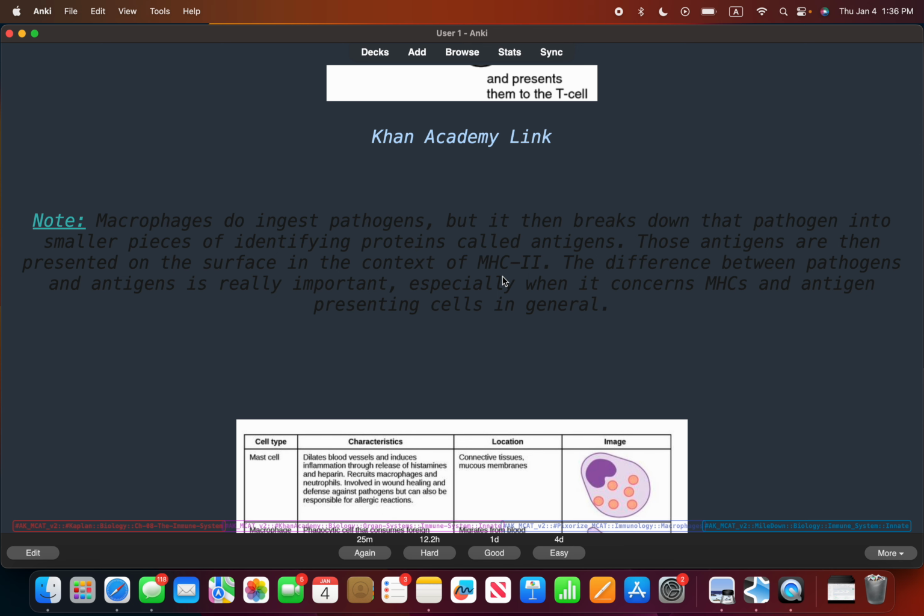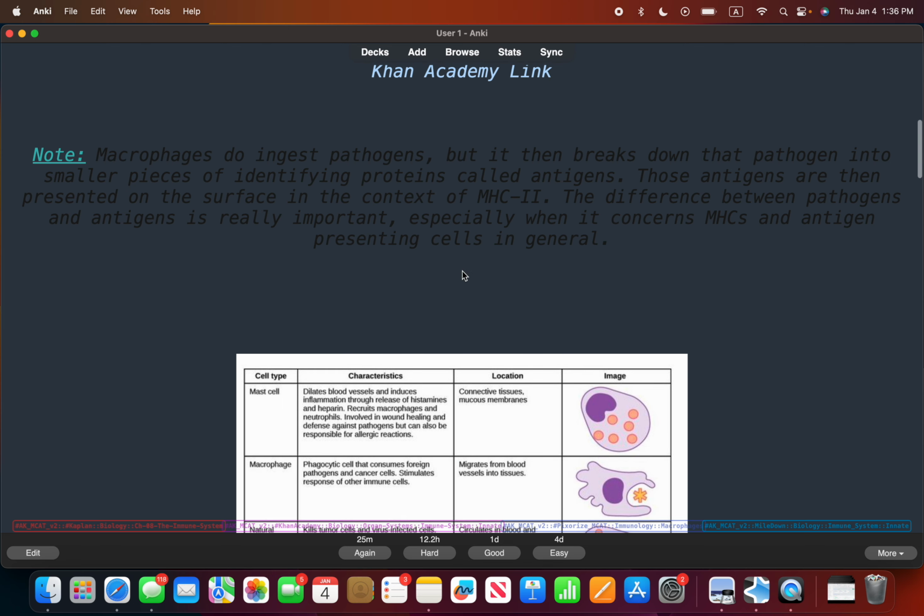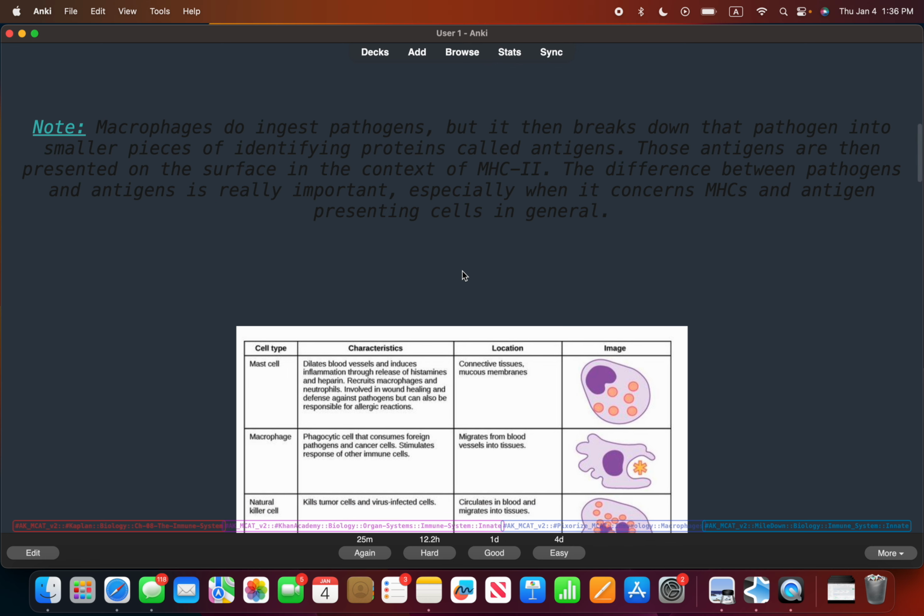And there's a note here that macrophages do ingest pathogens, but it then breaks down that pathogen into smaller pieces of identifying proteins called antigens. Those antigens are then presented on the surface in the context of MHC2. The difference between pathogens and antigens is really important, especially when it concerns MHCs and antigen presenting cells in general.